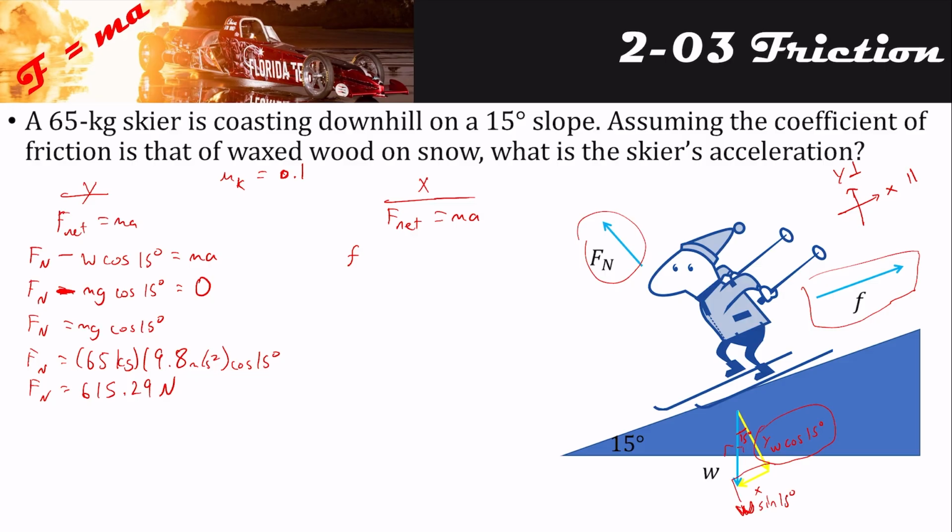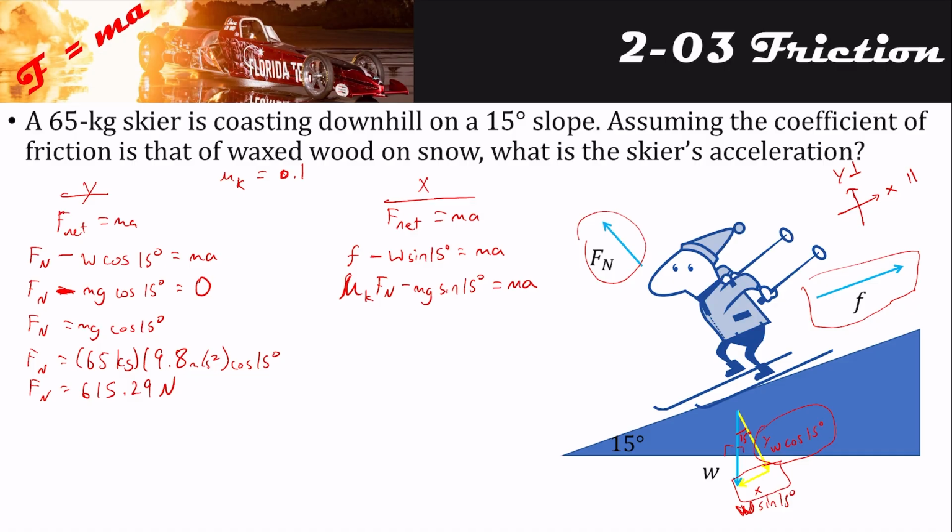And then I've got the x component of the weight going downhill, so minus the weight sine 15 degrees. Friction is the coefficient times the normal force. Weight is mg. And we are accelerating, so I do need to have the ma still.